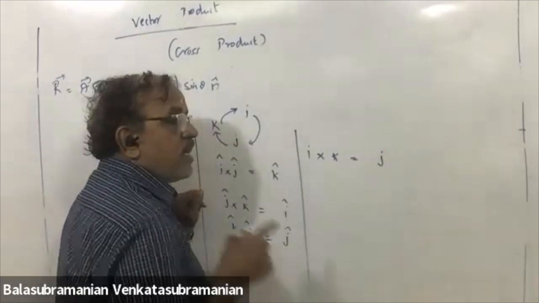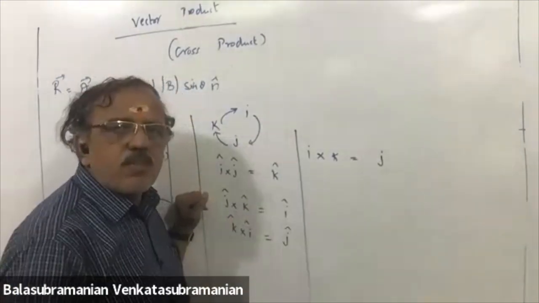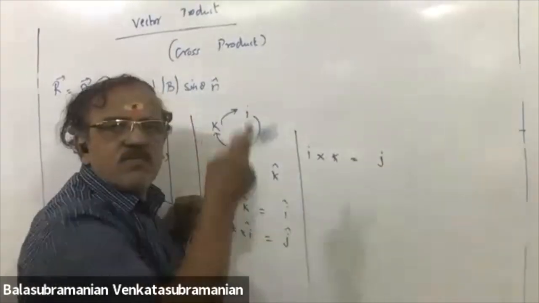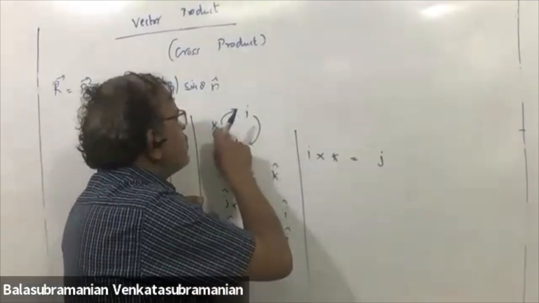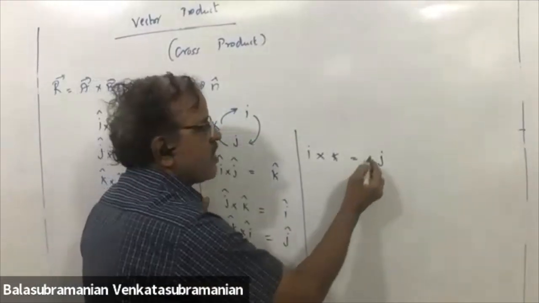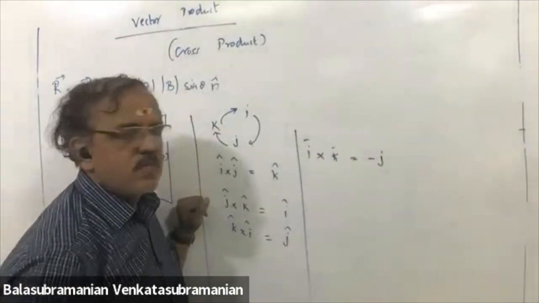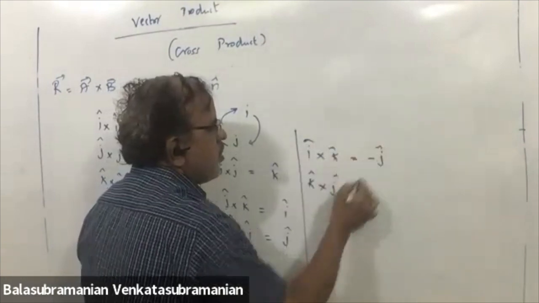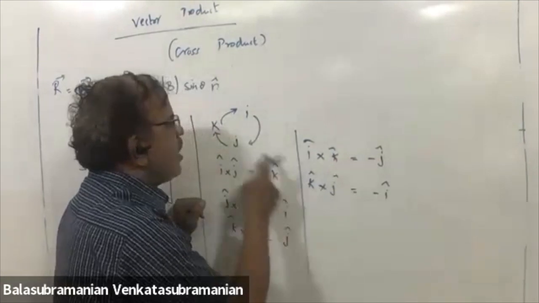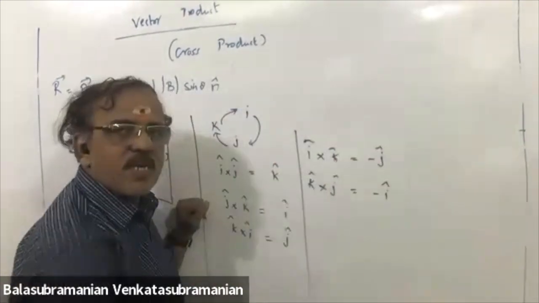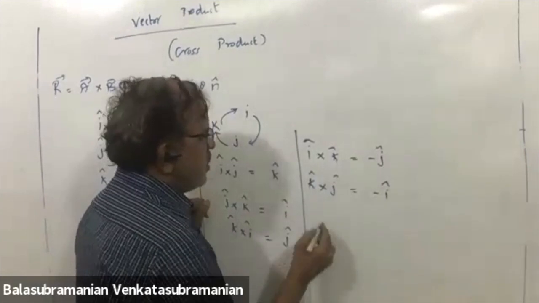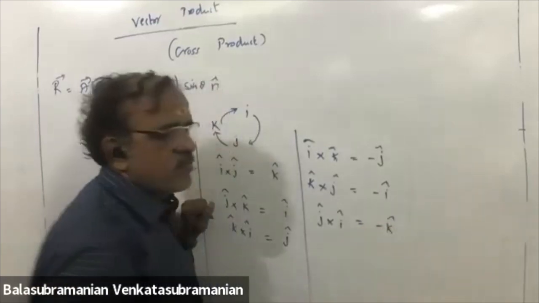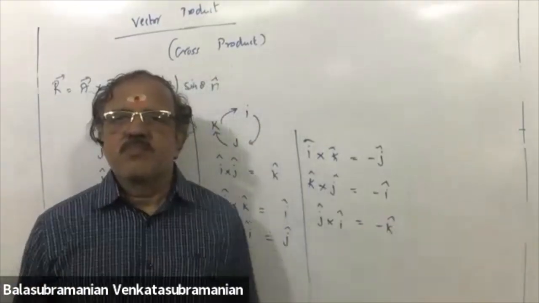J. But if you write J, the answer is wrong, because I, J, K is the clockwise order, and you are skipping this J. So, minus sign: I cross K is minus J. K cross J is minus I, because after K, I only should come, but you have skipped, so minus. Next, J cross I is minus K. Correct?